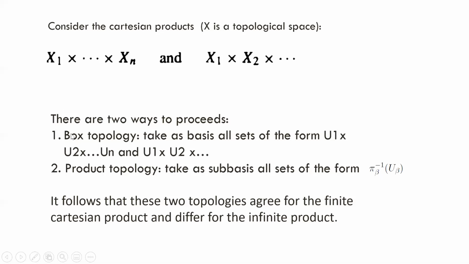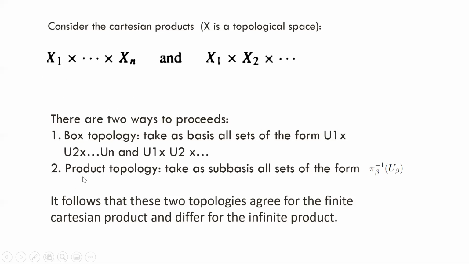The first one we call the box topology. It takes as basis all sets of the form U1 to Un for the first type, and then the infinite number for the second type, where U is an open set of X in each alpha.